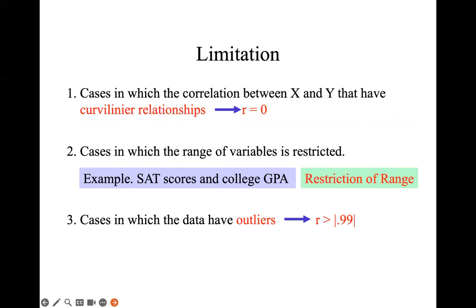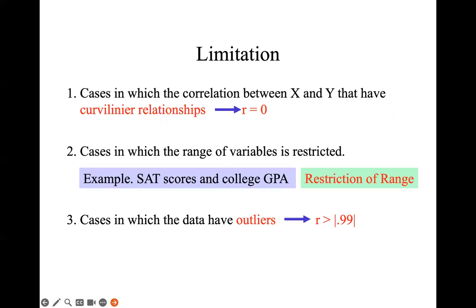Of course, there are limitations to correlations. For example, cases in which X and Y have a curvilinear relationship will provide an R score of 0. Cases in which the range of variables is restricted are also important.